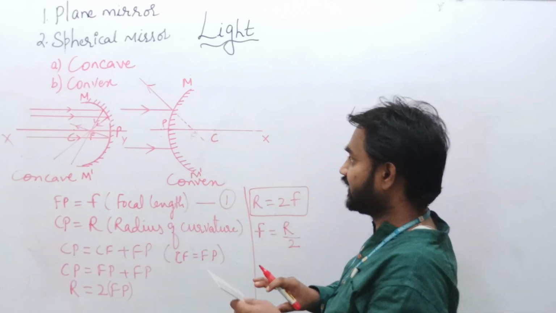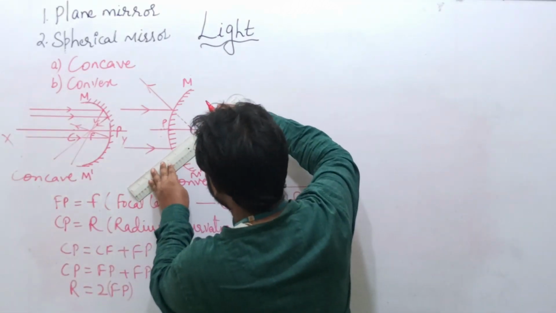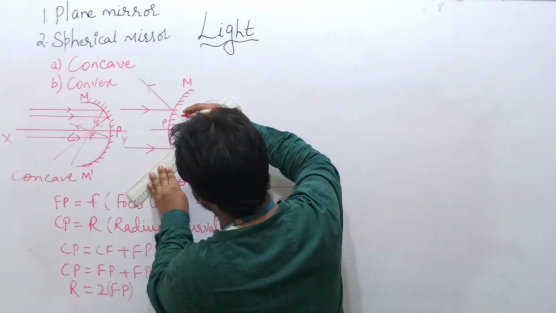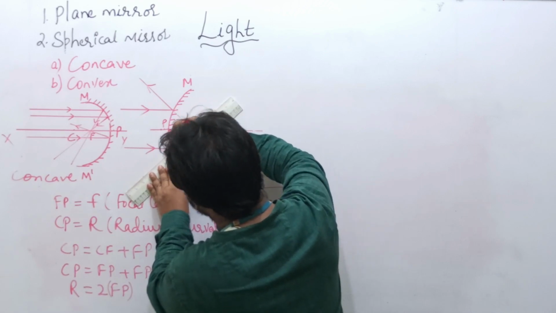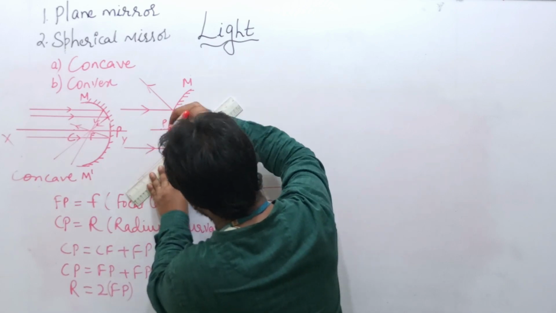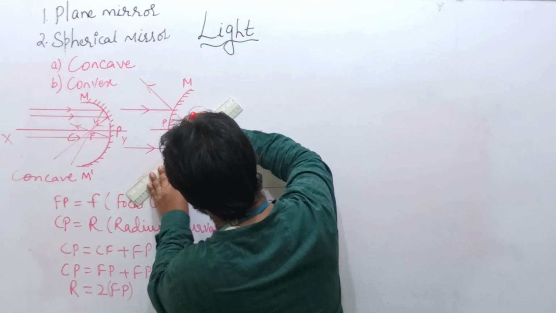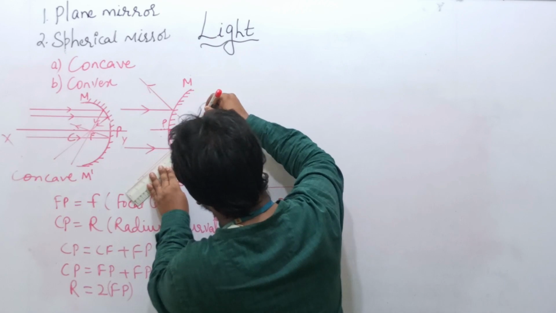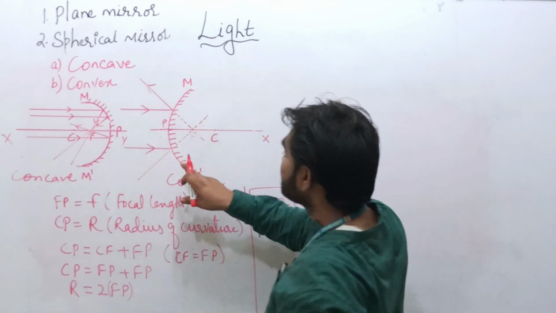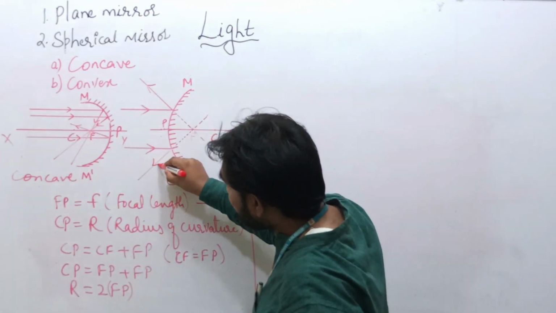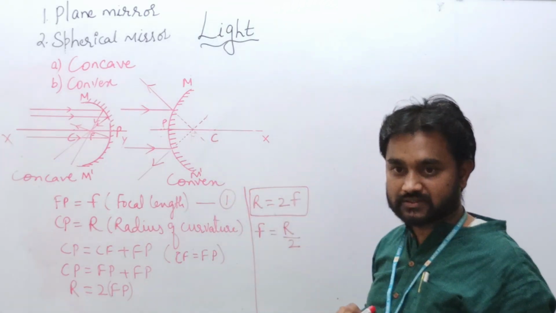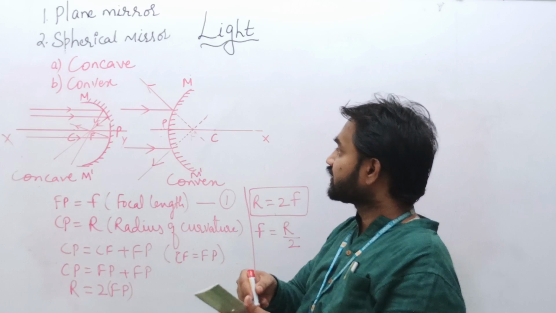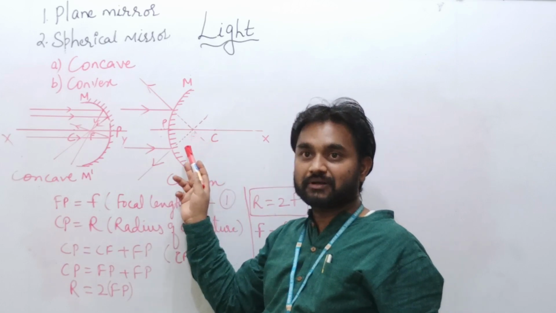It is an illusion. Similarly here also, if I draw the reflected ray, this is the reflected ray, and this is the imaginary line that I am drawing behind the mirror, and this imaginary line appears to meet at the focus. Is that clear?